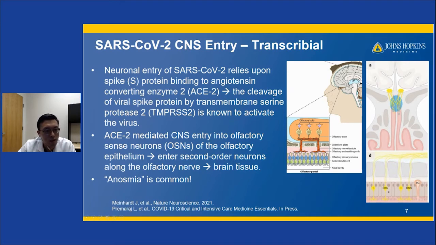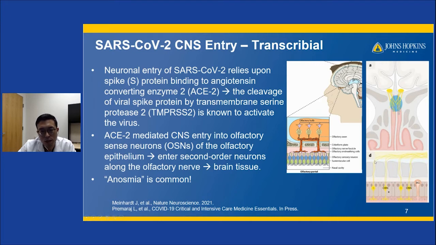ACE2-mediated CNS entry occurs into olfactory sensory neurons, OSNs, of the olfactory epithelium, and then enters second-order neurons along the olfactory nerve, and finally brain tissue. So that's the very popular theory, and that's why we think anosmia is very common in these patients, and maybe a fraction of patients may have CNS entry after that.